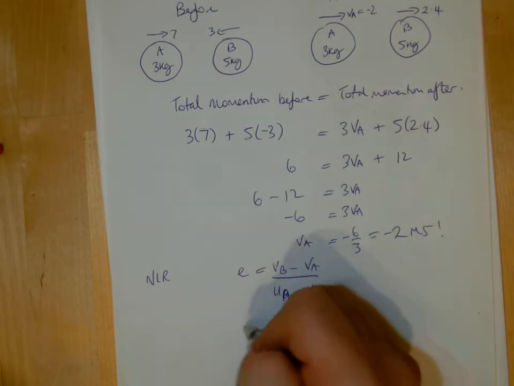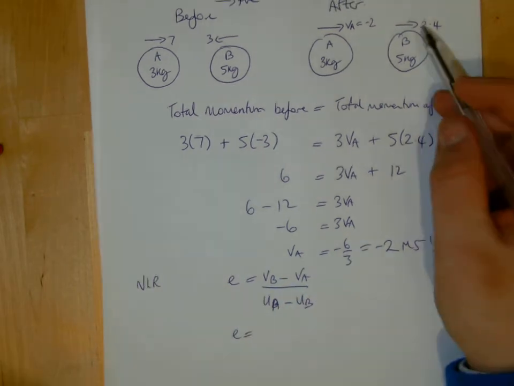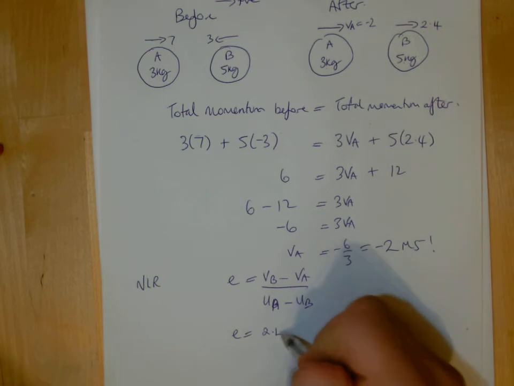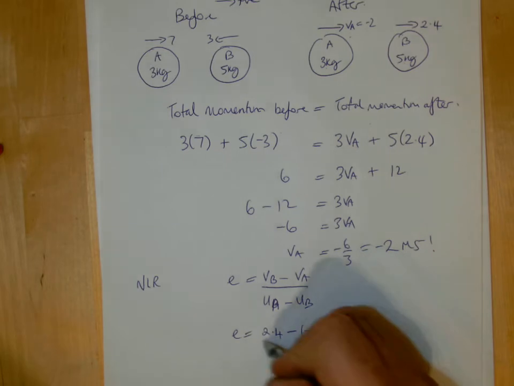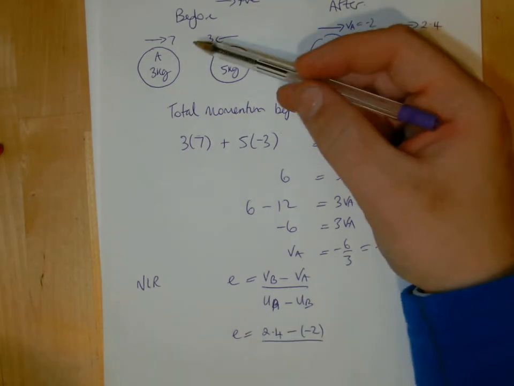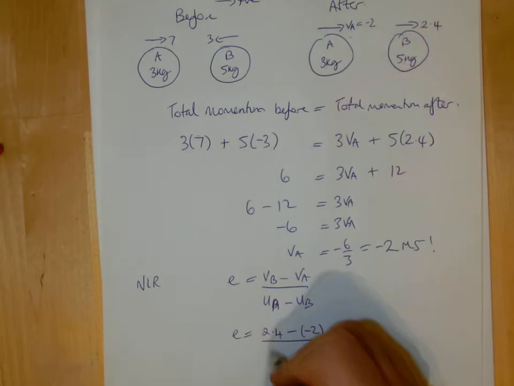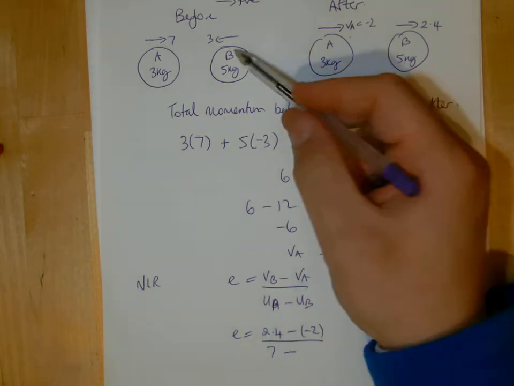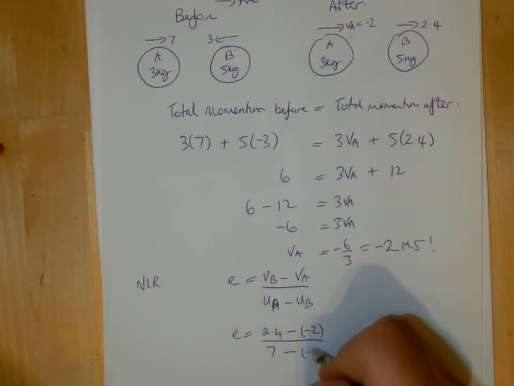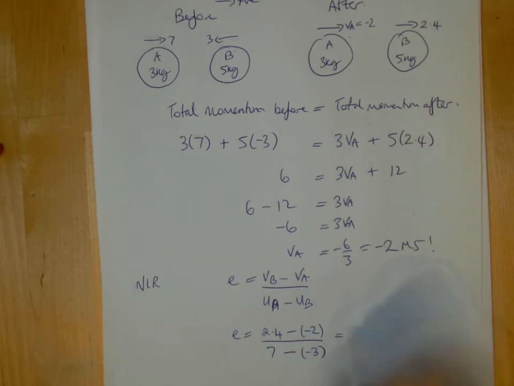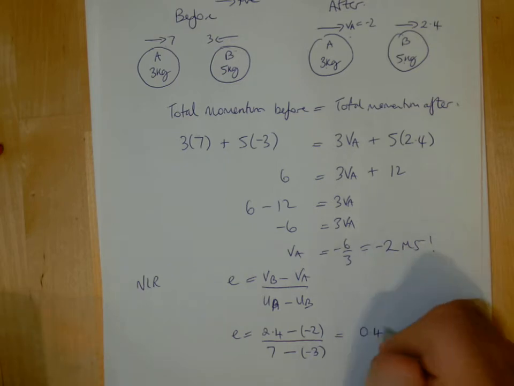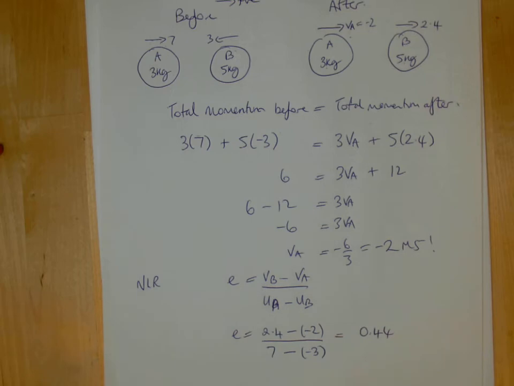So then E will equal VB, which is 2.4, take away VA, which is minus 2, over UA, which is 7, take away UB, which is minus 3. So on our calculator, you get the answer to be 0.44. Okay.